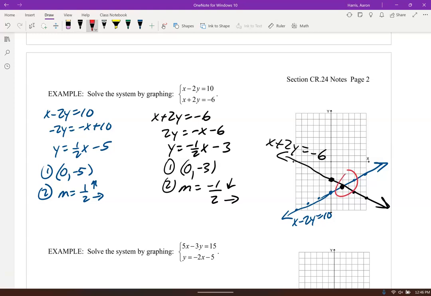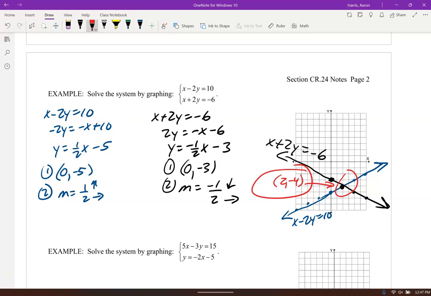Again, where do they cross? It looks like they cross at (2, -4). And of course, if you plugged in 2 for x and -4 for y, it'd give you a true statement for both of those equations. It's how you could check it.